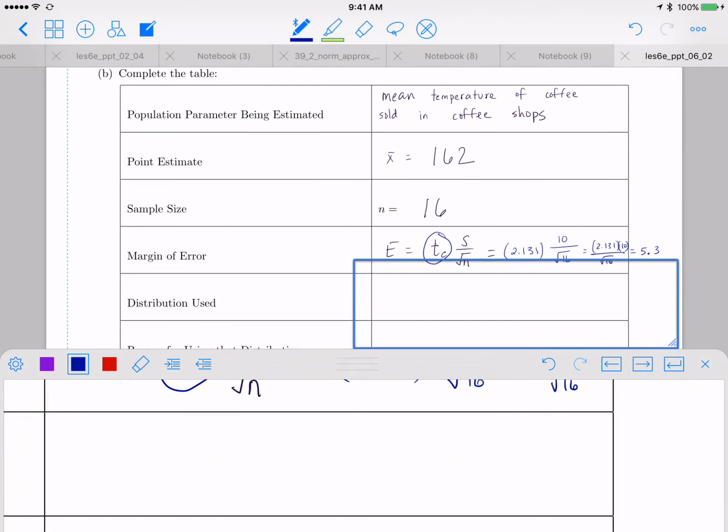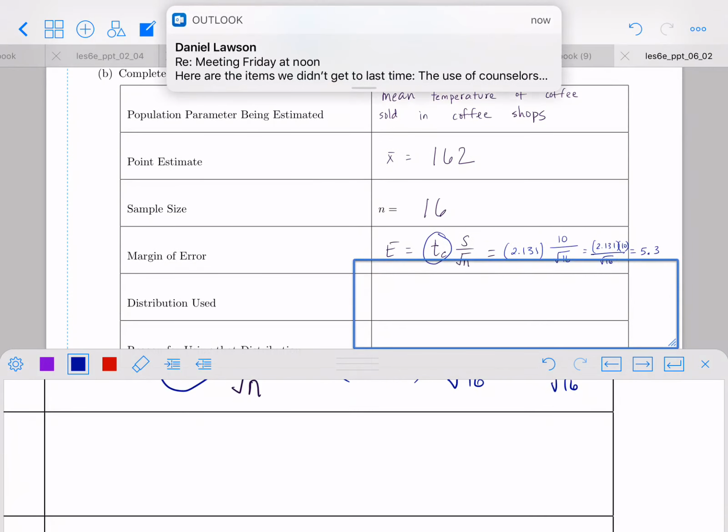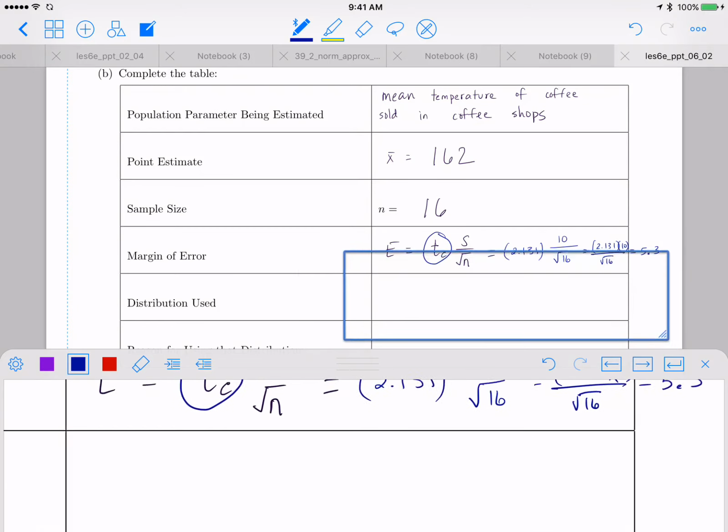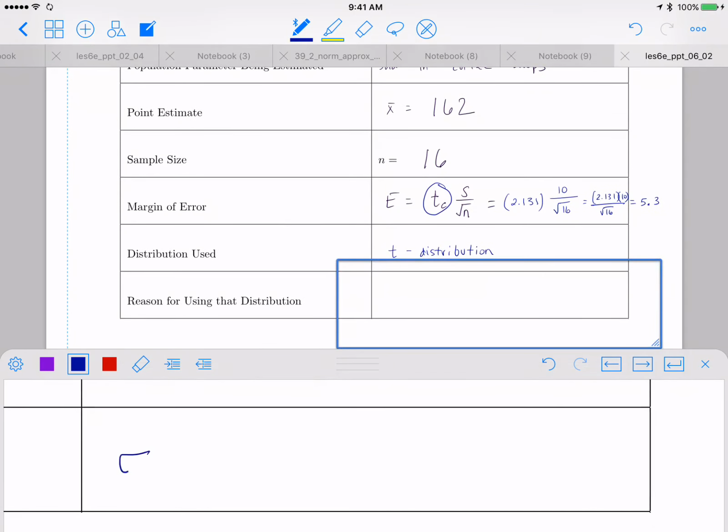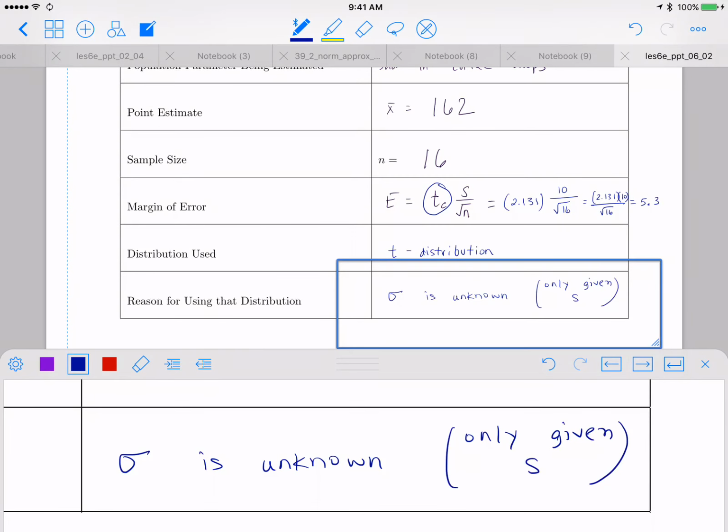Now, for the distribution that is used, what distribution did we use? We used a T distribution. Why? Because sigma is unknown, only given S. Okay. All right.